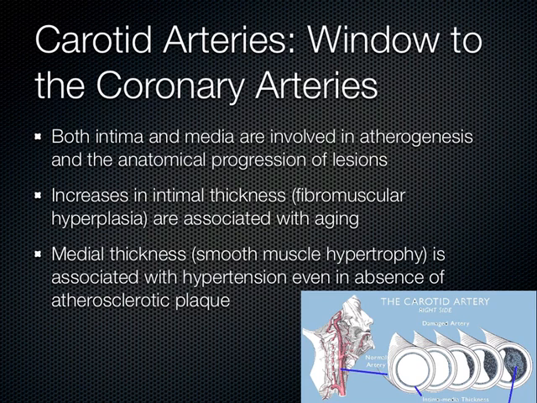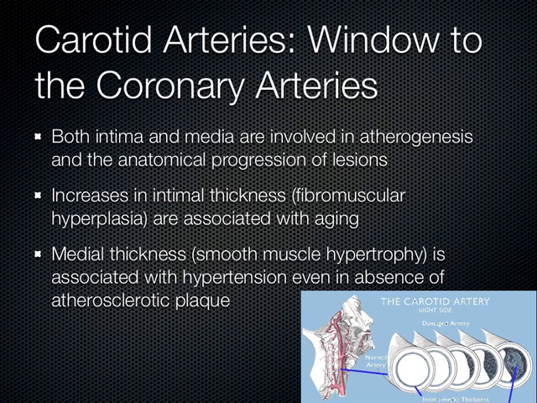They just sort of jump out at you as soon as you place the transducer on the skin. So you can use a nice high-frequency transducer to see this beautiful vasculature right up close on the screen. And you can see both the intima and the media, and they're involved in the atherogenesis and the lesions that we can see start to stenose or occlude the carotid artery.